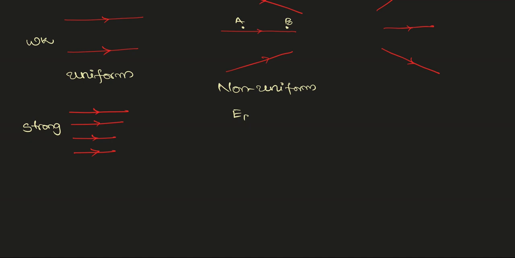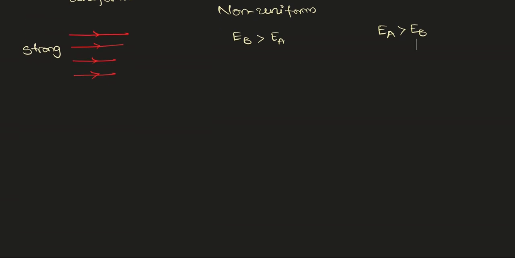So electric field at B is greater than electric field at A. Suppose I consider 2 points A and B here in the case of these diverging lines, then electric field at A will be greater than electric field at B. Like that, by observing the number of field lines, we can identify whether the field is a strong field or a weak field.